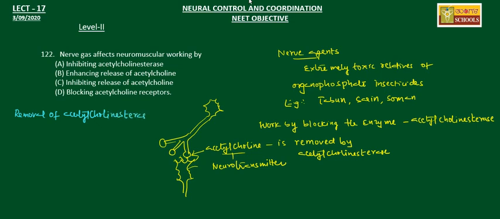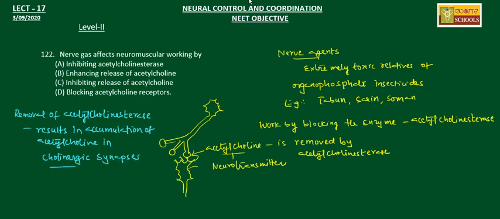So what are cholinergic synapses? Cholinergic synapses are those synapses that use acetylcholine as a neurotransmitter.